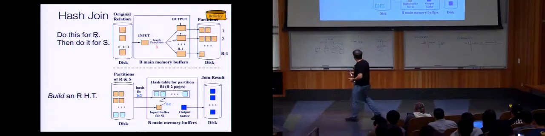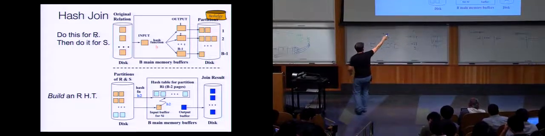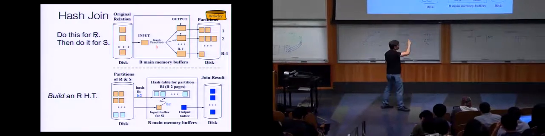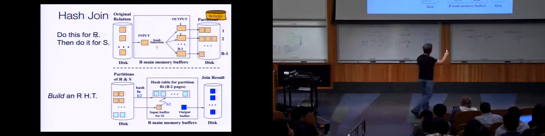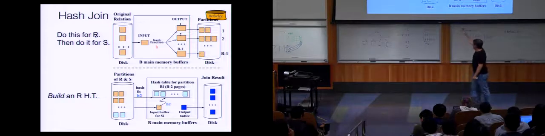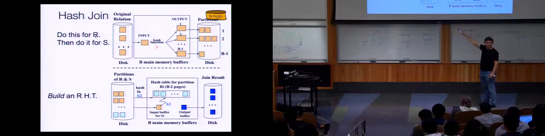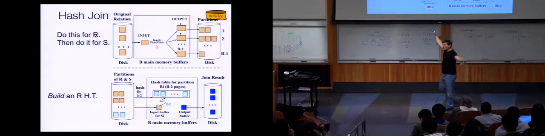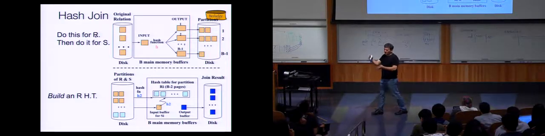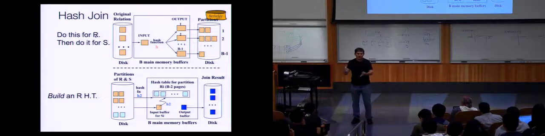The cool thing about this is that the R partitions have to fit in memory, right? Because you have to build a hash table on them. The S partitions can be huge because you're streaming them. So if S is a really, really big relation, and R is kind of a medium-sized relation, it's bigger than memory, but it's not that big, this is great because S might have required lots of recursive partitioning, but R maybe not.